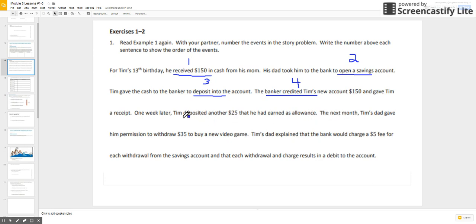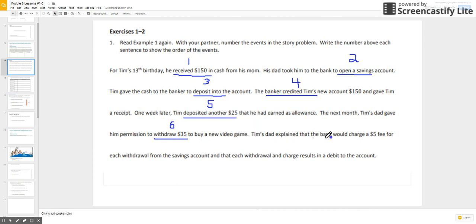He deposited another $25, event number 5. The next month, Tim's dad gave him permission to withdraw $35 to buy a new video game. So he withdraws, or takes out, $35 to buy a new video game. That's event number 6.